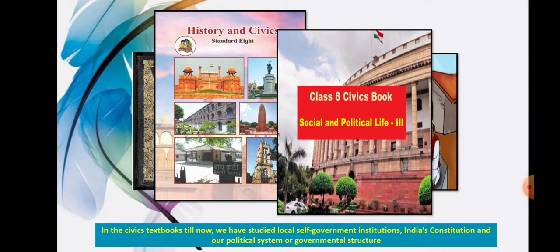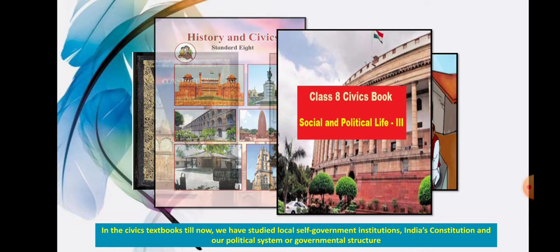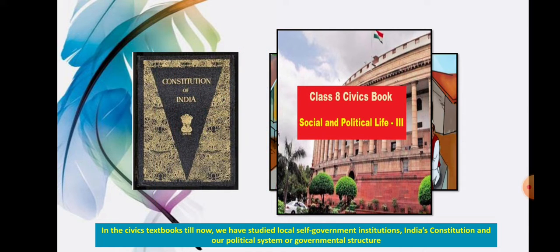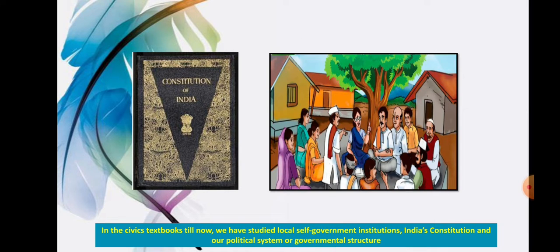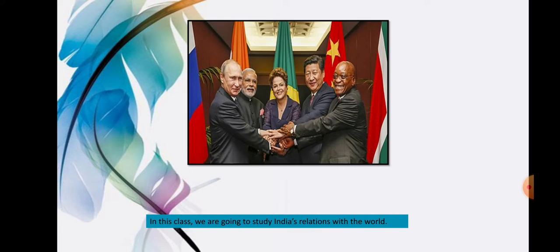In the civics textbooks, till now we have studied about local self-government institutions, India's constitution, political system or the government structure. In this class, we are going to study India's relation with the world.